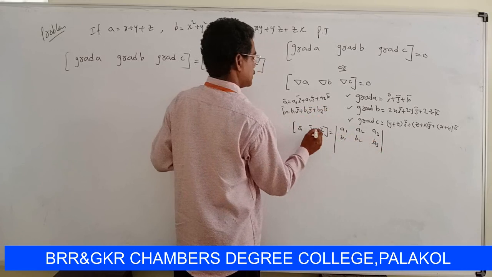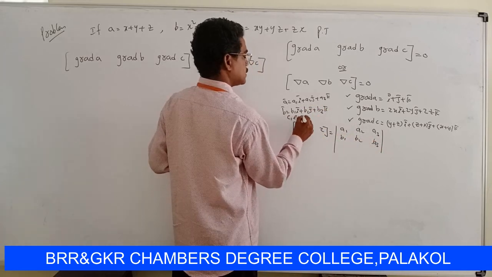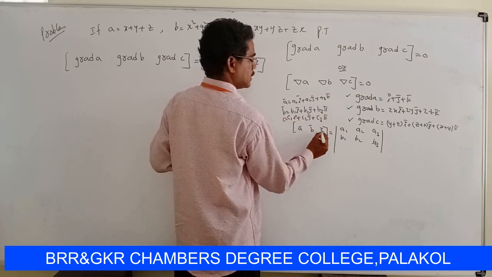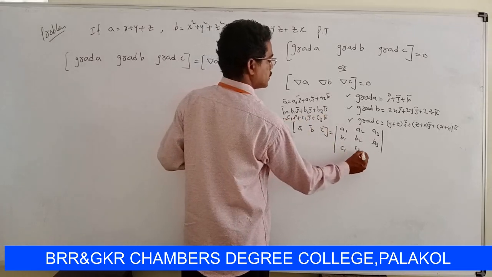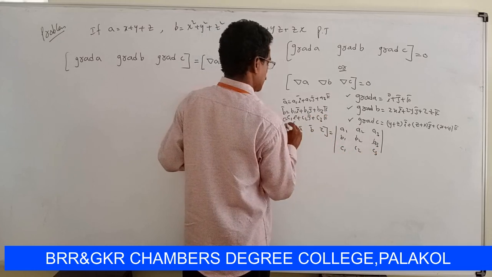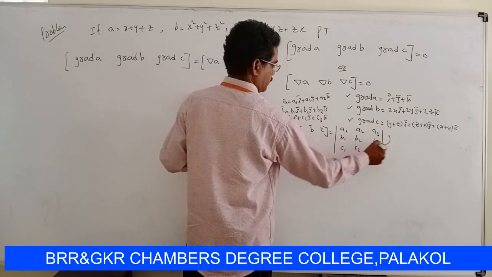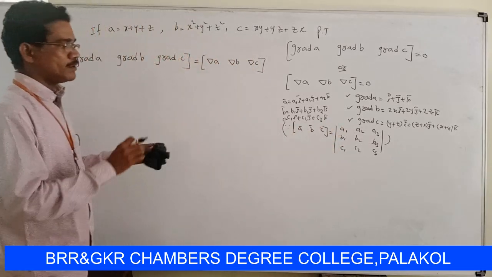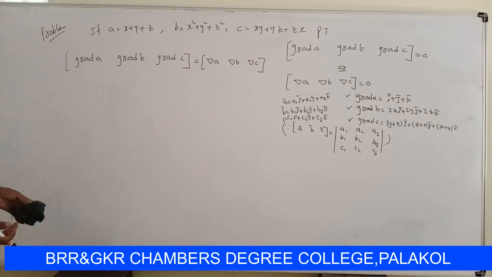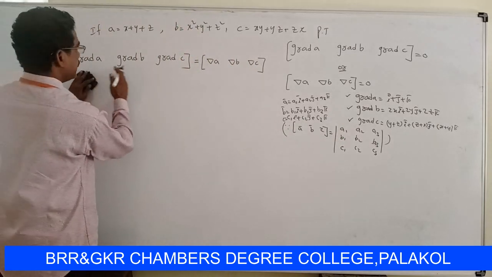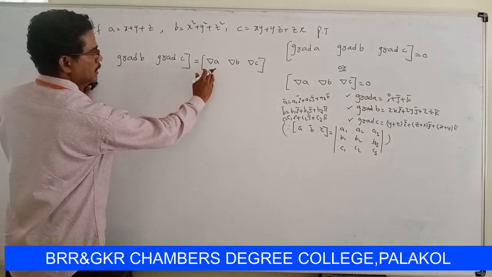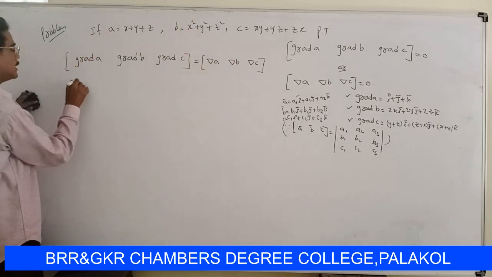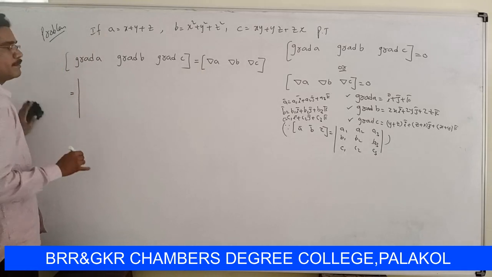And suppose c equals c1 i plus c2 j plus c3 k, with c1, c2 and c3. This is the condition for the box of a, b, c equal to the determinant of the matrix a1, a2, a3, b1, b2, b3 and c1, c2, c3. Now the box of grad a, grad b, grad c, symbolically the box of del a, del b, del c, is evaluated by the determinant matrix.